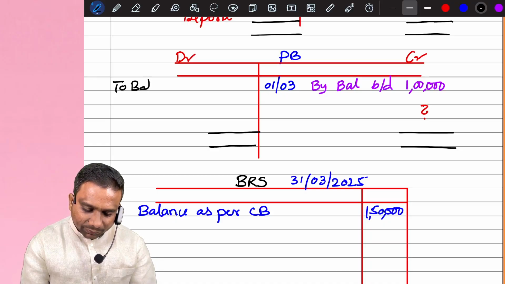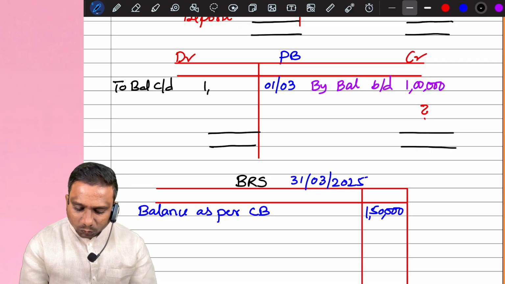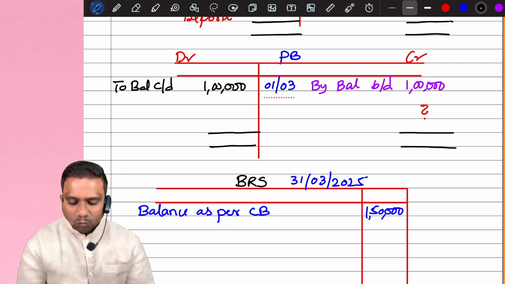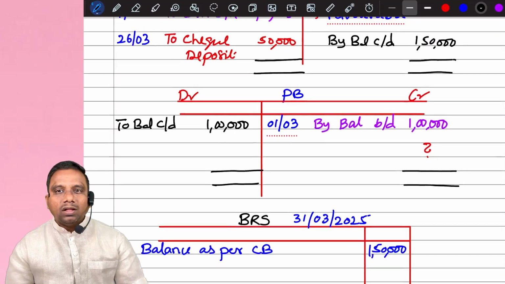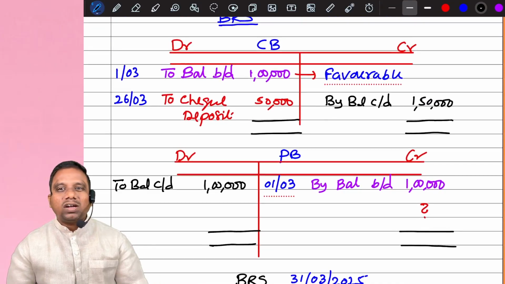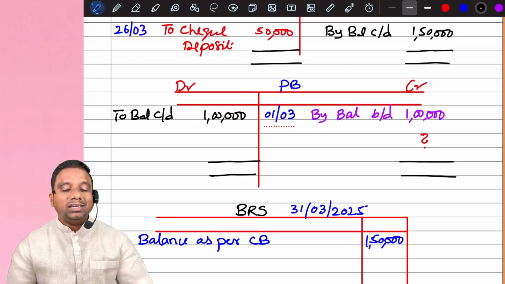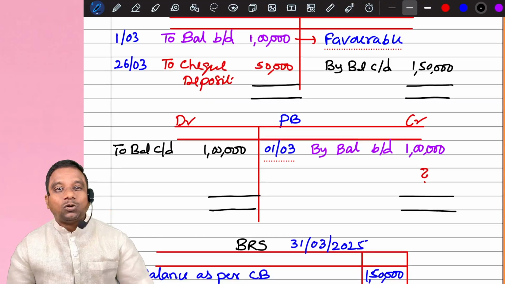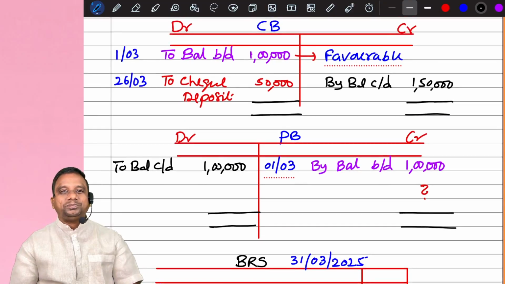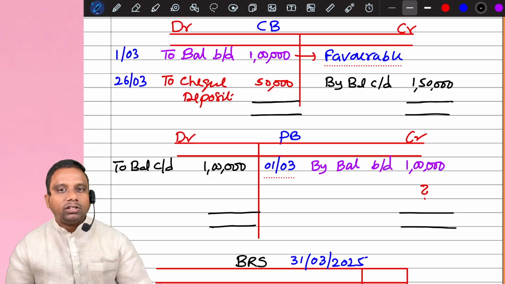To balance carried down 1 lakh. Cash book is showing 1.5 lakh favorable balance, whereas passbook is showing 1 lakh favorable balance. There is a difference of 50,000 rupees.